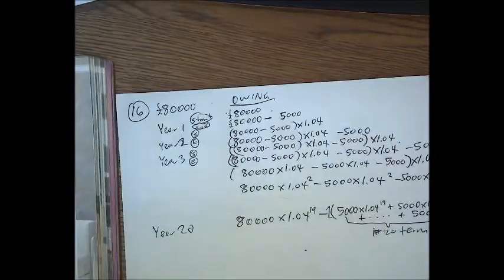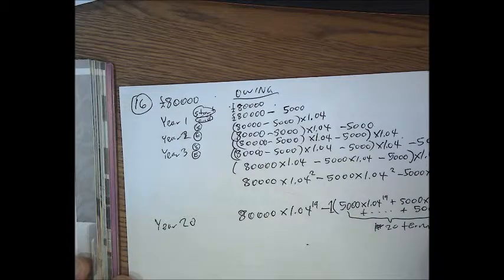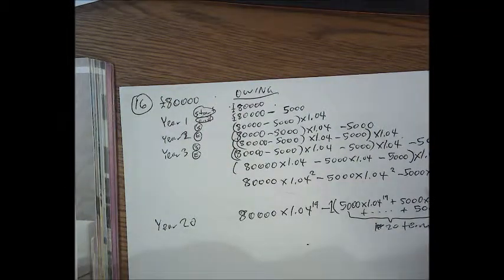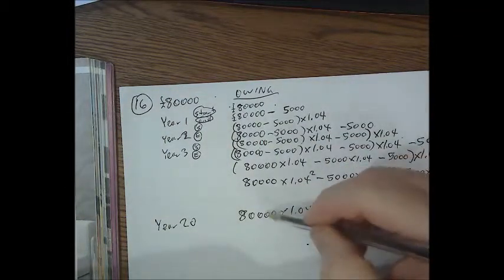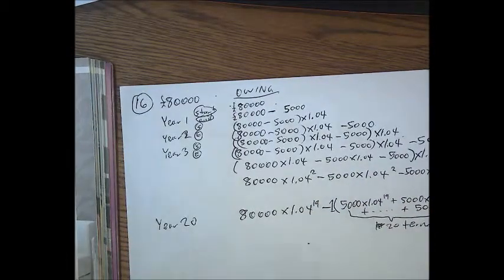Which means this is a classic example of a question that mixes together two things. This 80,000 business is just a geometric sequence, whereas this stuff in the brackets is a geometric series.